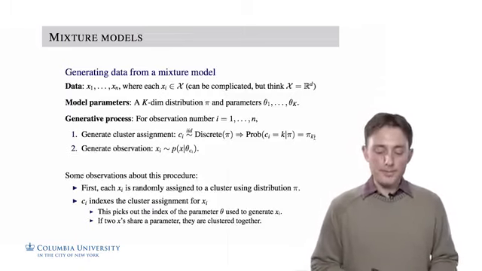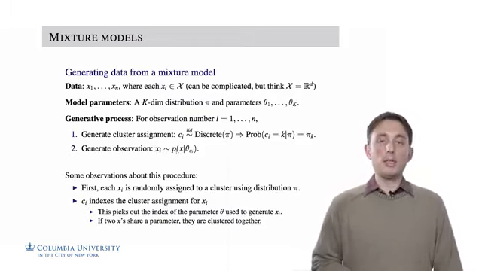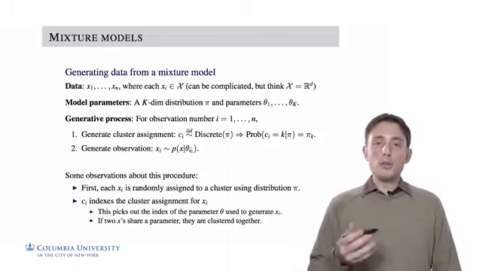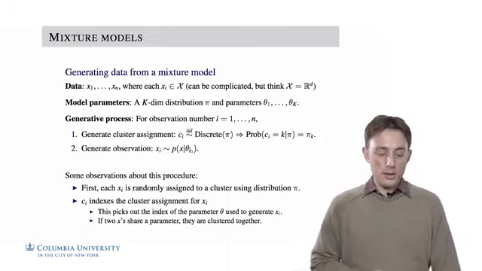So this is the prior. Then, given the cluster assignment, we generate the actual observation, xi, from some probability distribution on x, where the parameter that we use for that probability distribution is picked out by the indicator ci.